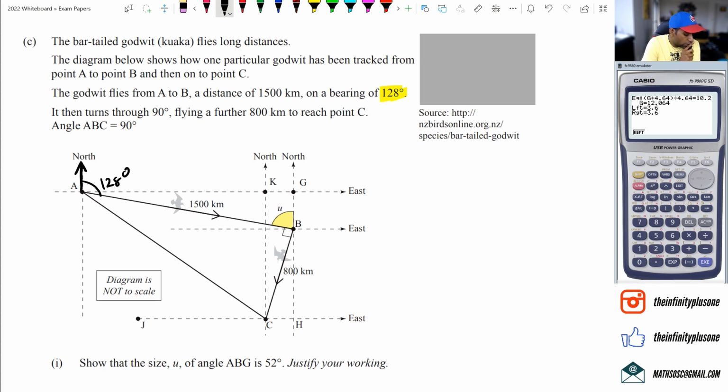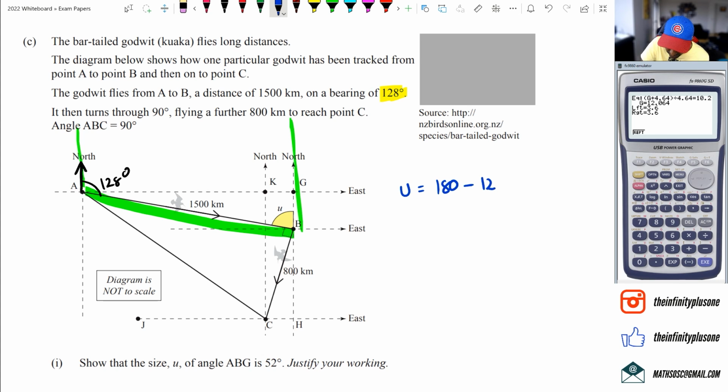And if you look at angle U, it actually forms a co-interior angle between two parallel lines, 128 and U. So we can say that U is equal to 180 take away 128 degrees, which equals 52 degrees.